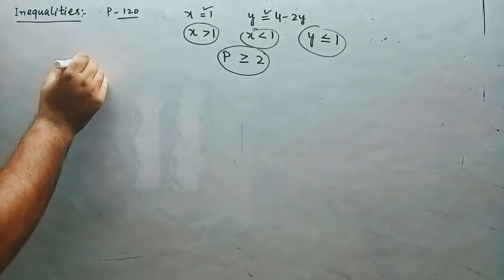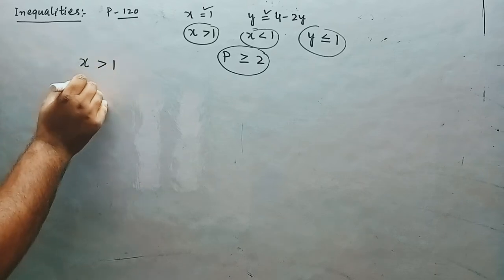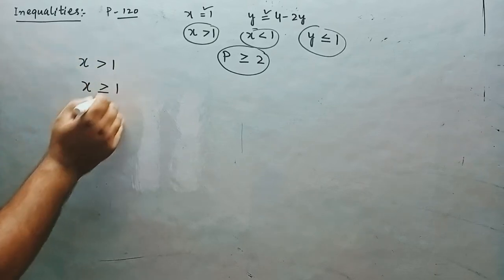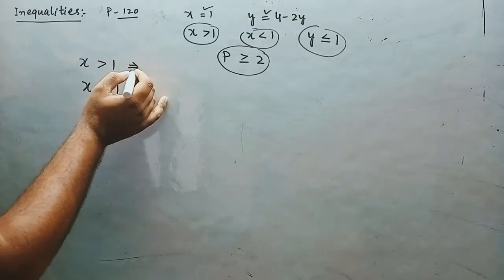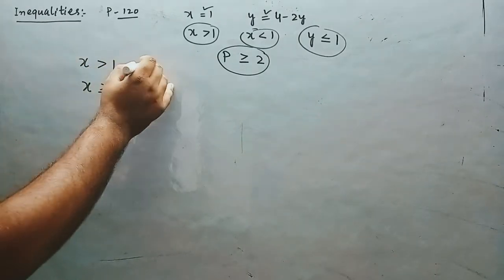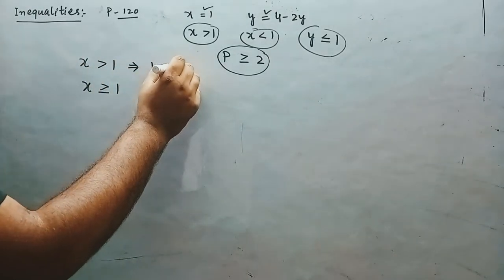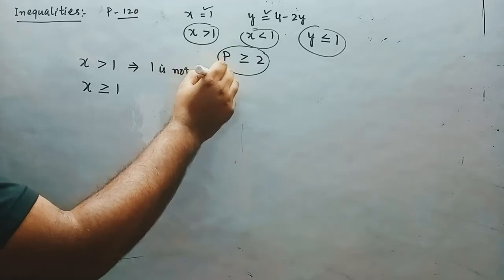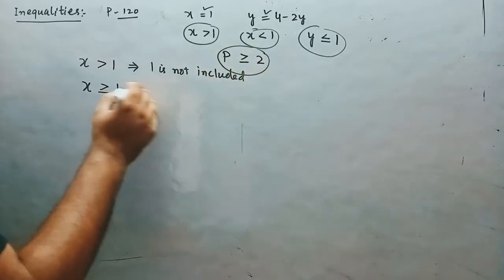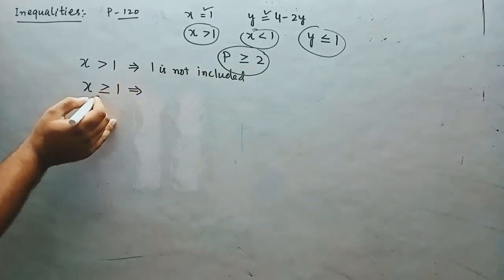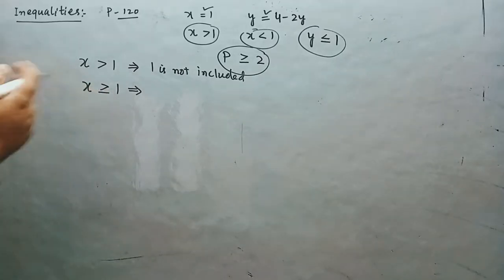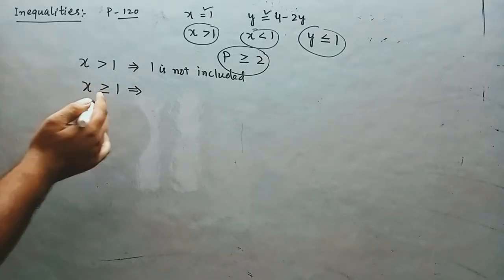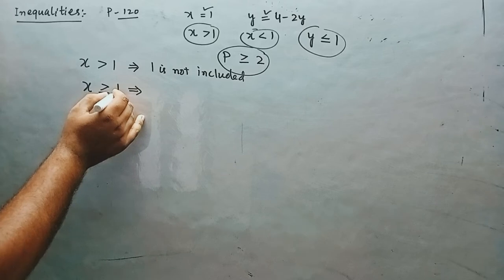If I am writing x is greater than 1 and x is greater than or equal to 1, in the first condition x has the values which are greater than 1. 1 is not included. And here x is greater than or equal to 1: first, x is greater than 1, all the values greater than 1, and x is equal to 1.